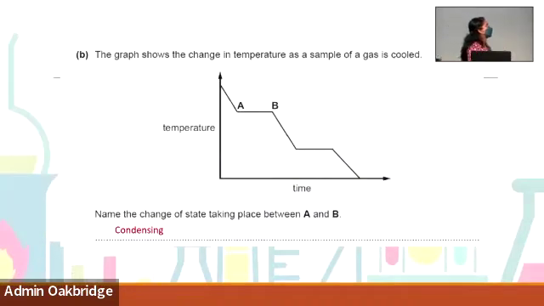Okay, here they are asking, this is a cooling curve, and they didn't mention to you that it is a cooling curve. They are just saying gas is cooled. So you are supposed to understand whether this is a cooling curve or heating curve. From the words themselves, gas is cooled, I must be able to understand this is a cooling curve. And then, the change of state of matter from A to B. Name the change of state. So they are asking for the process name.